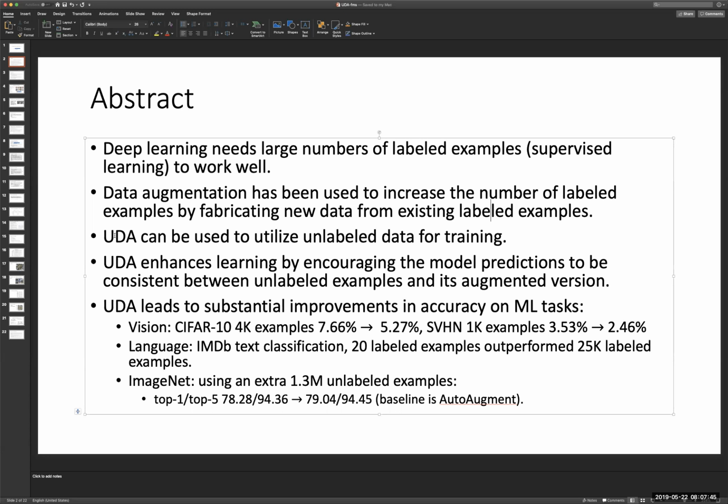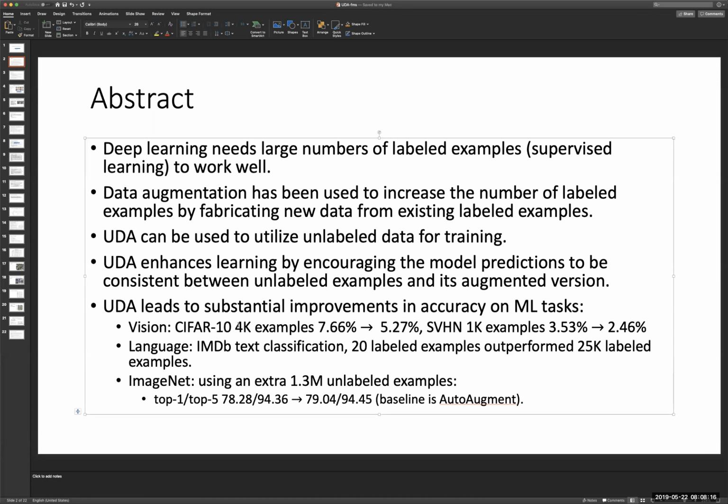So again, we'll go into the details about the results of this research, but basically it's been applied to vision tasks and natural language tasks. In the vision domain, there's CIFAR10 and SVHN, which is Street View House Numbers. Both of these are 10 class data sets.